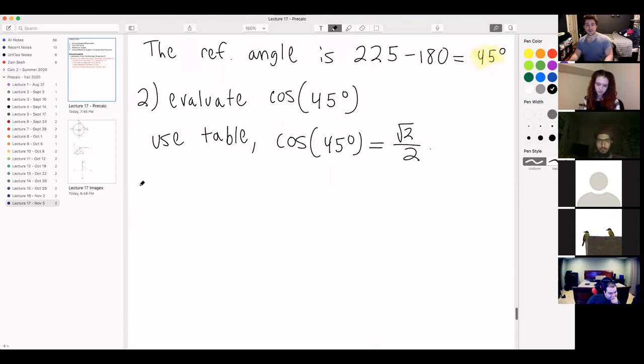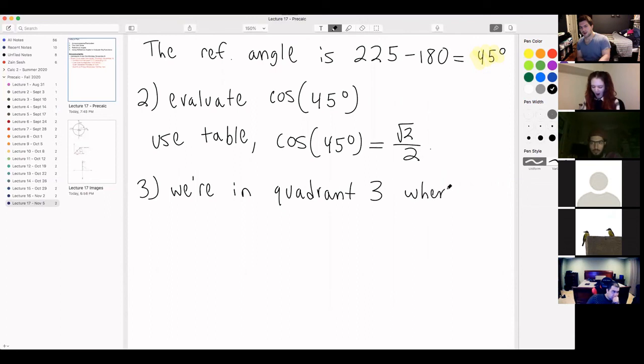That's the second step. Third step, we have to see if our function is positive or negative based on which quadrant we're in. All right, so we're in quadrant 3, where, so we're doing cosine, where cosine is what? Okay, so we're in quadrant 3.